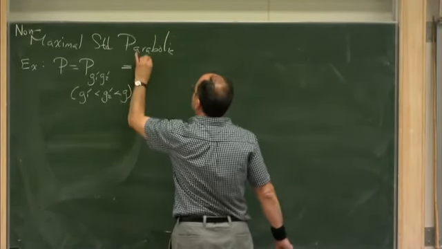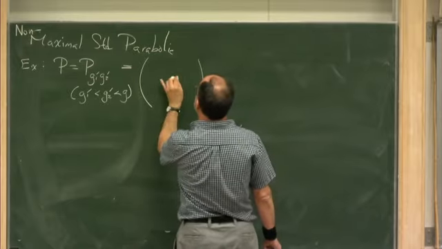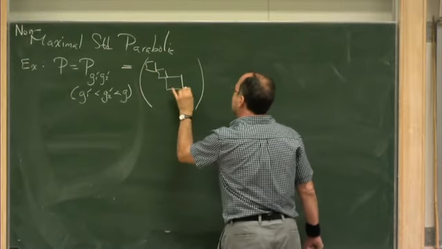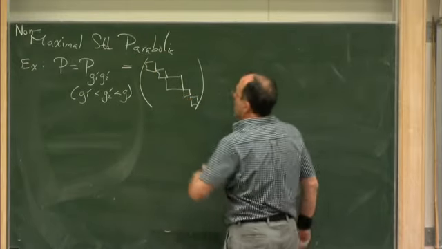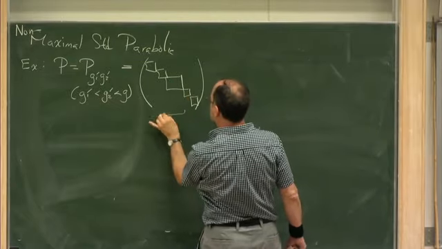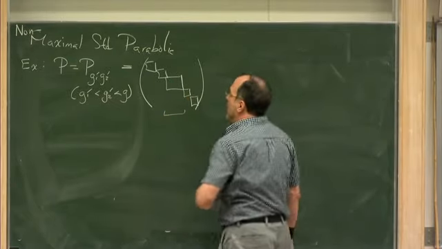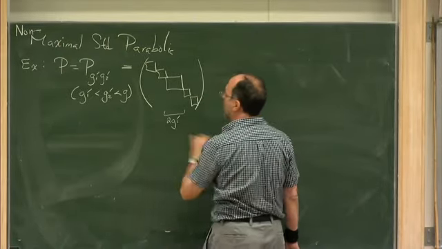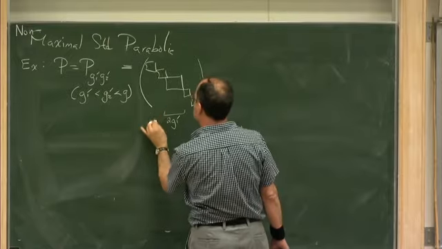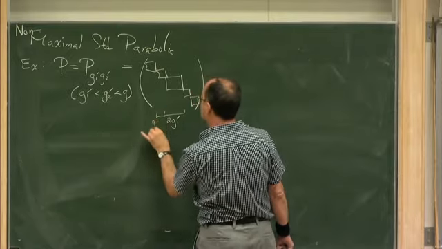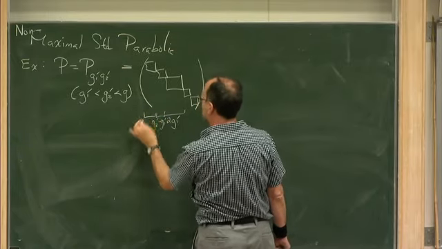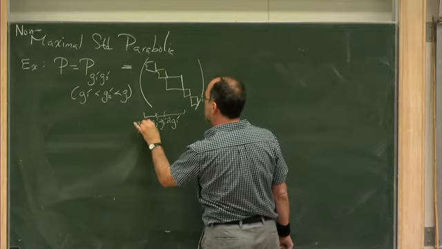So I'll copy that, except I'll put blocks in like this. This center thing is 2G1 prime, then this thing is G2 prime minus G1 prime, and this last thing will be G minus G2 prime.